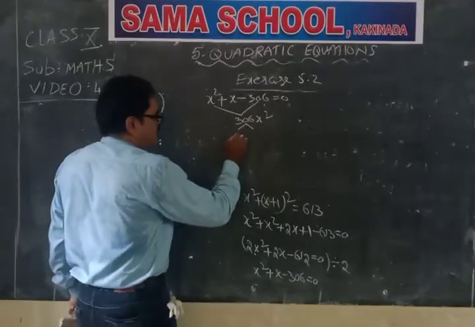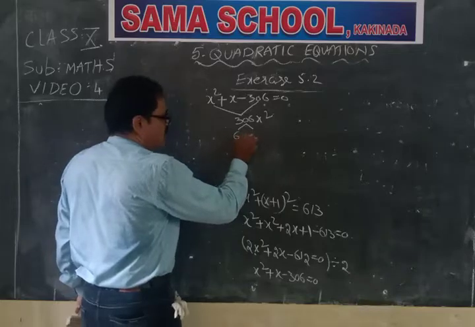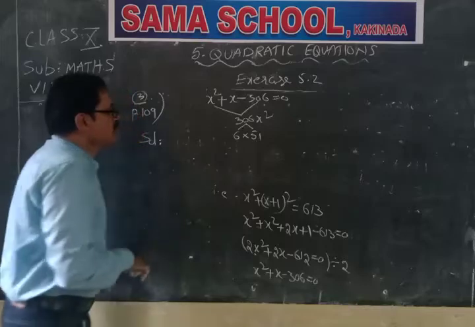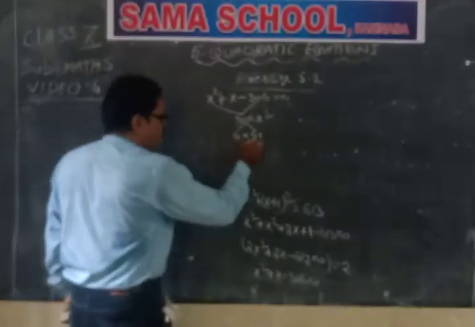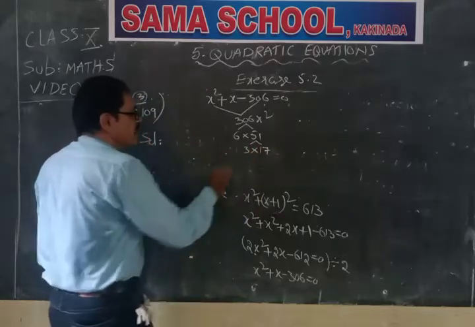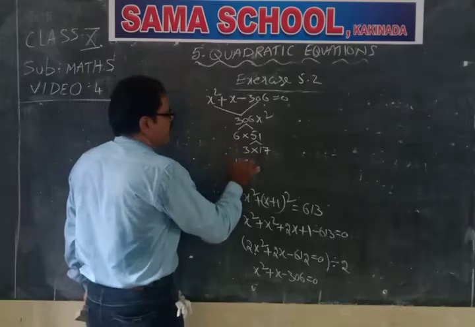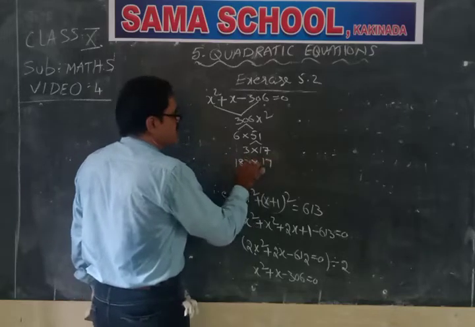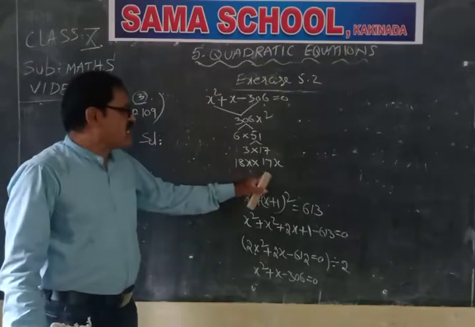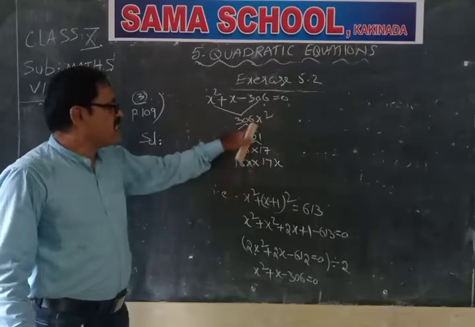Here, 6 table, 6 into 51, and again 51 can be written as 3 into 17. Now 6 threes are 18. 18 into 17 becomes 306, 18x into 17x, 306 x square.